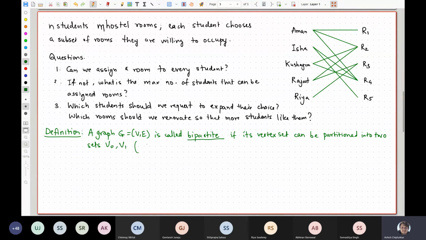So what does that mean? Partition a set into two sets. Mathematically, what does that mean? It means V should be equal to V1 union V2, and the intersection of V1 and V2 should be empty.